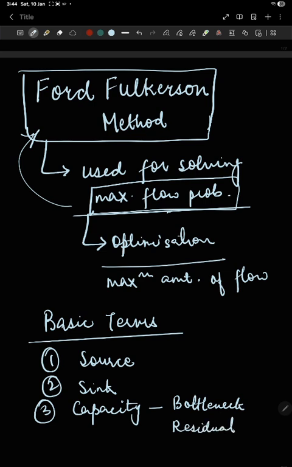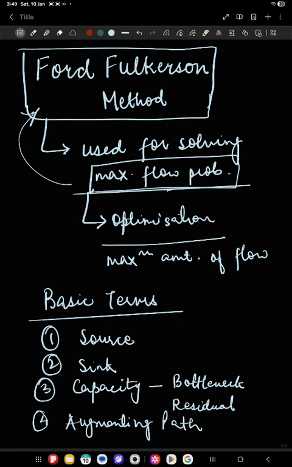Okay, then augmenting path. Now we'll see the meanings of these terms. These basic terms are necessary before going on to questions.